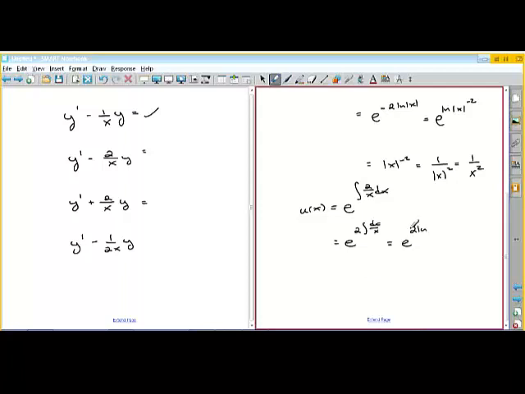So you get e to the 2 times the natural log of the absolute value of x, just like we had up here, except the coefficient out front is positive. You still move it inside, and then you can use the inverse properties of natural logarithms and exponents. Again, you can take the absolute value sign off because you're squaring it.